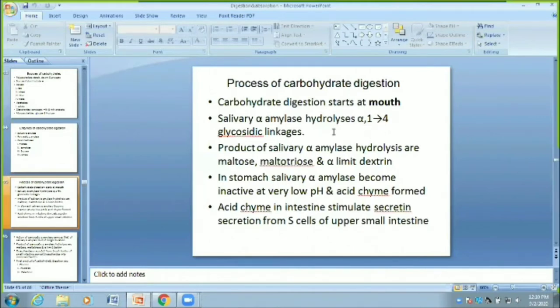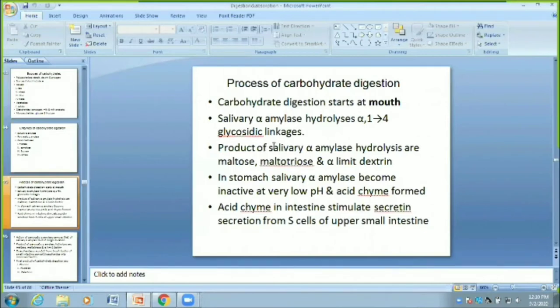The alpha 1,4 glycosidic bond is hydrolyzed by salivary alpha amylase. In fact, the pancreatic alpha amylase is also responsible for hydrolysis of the alpha 1,4 glycosidic linkages.